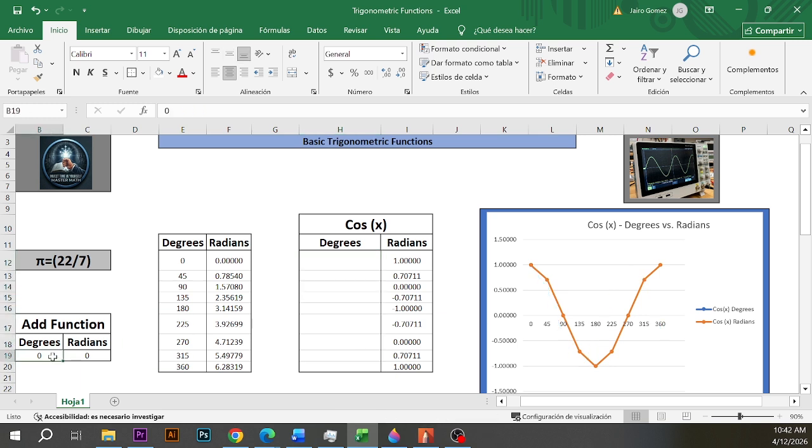But you may be asking yourselves, what happens as we add or remove degrees from cosine, as we showed in the circle, because it goes on forever. So let's add 10 degrees to see what happens. As you can see, the chart starts to change a little bit. And our function looks like it's moving if we go fast enough.